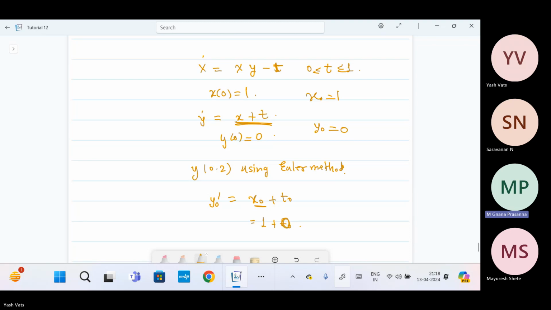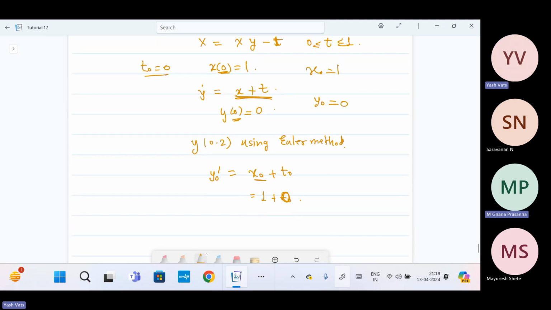They have not given t0, no? T0 is 0. This is initial t equal to 0. That is 1. y0 dash is 1. You understand? Understood.